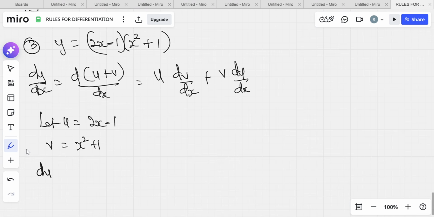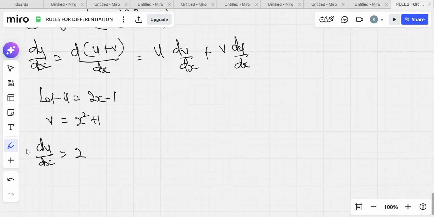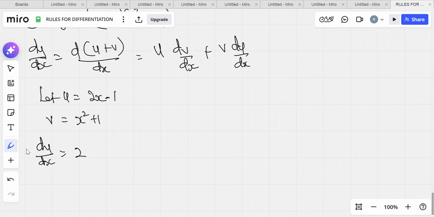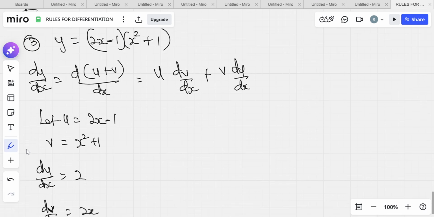Now let's find du over dx. Since we want to differentiate this u, we have that du over dx is 2, because if you differentiate this you get 2. The last one there is minus 1, so it's a constant. So now let's differentiate v. The dv over dx is 2x, just like we did in the other one.